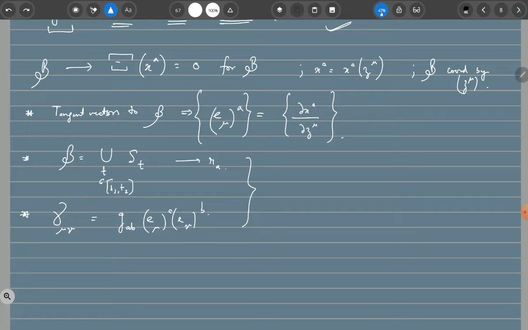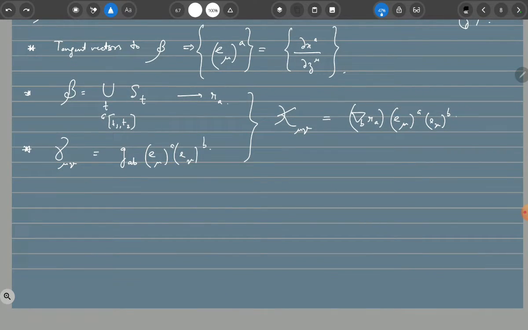Now let us talk about the extrinsic curvature of B. The extrinsic curvature of B will be denoted by this curly K_mu nu. K_mu nu is actually equal to del_B of R_a e_mu^a e_nu^B. And what is the completeness relationship? The completeness relationship is g_AB equals R_A R_B plus gamma^mu nu e_mu^A e_nu^B.